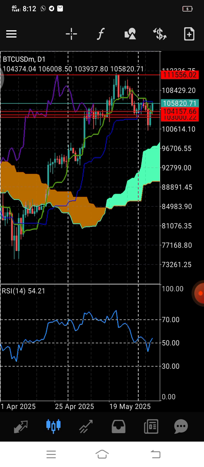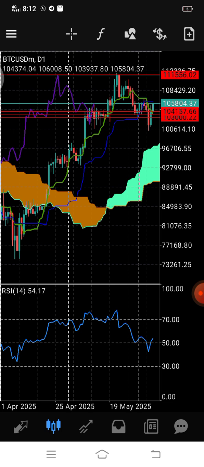From what I explained, the first thing I do when I apply this Ichimoku cloud in my strategy in trading is to set my chart screen to the daily time frame, from where I will determine the direction of the market by looking at the trend.